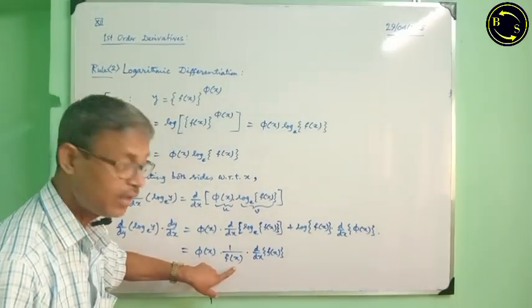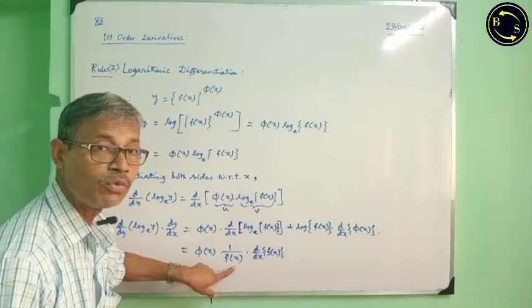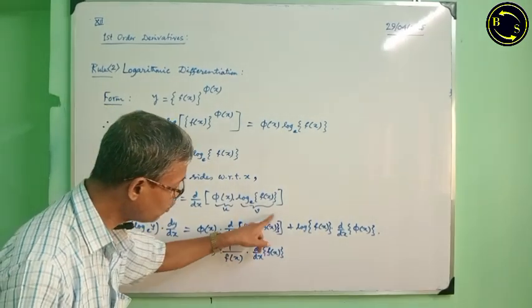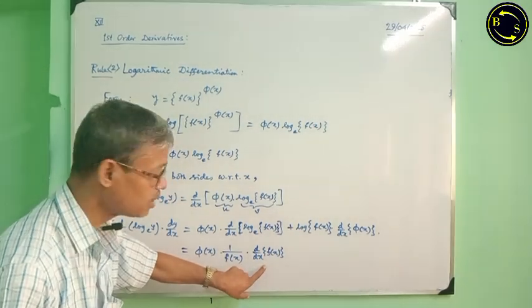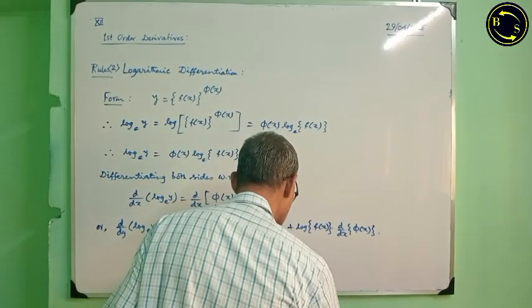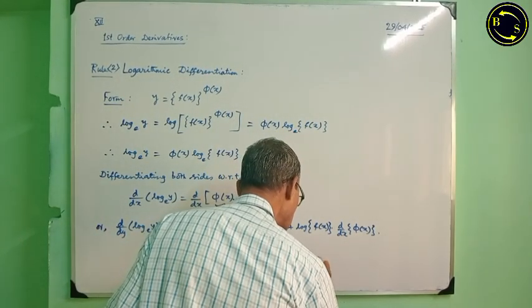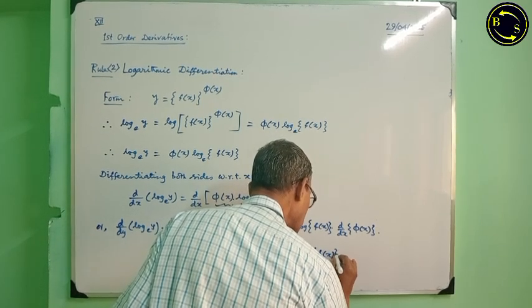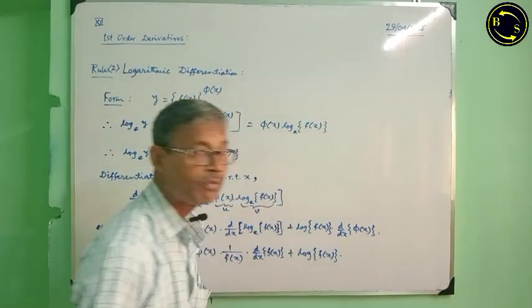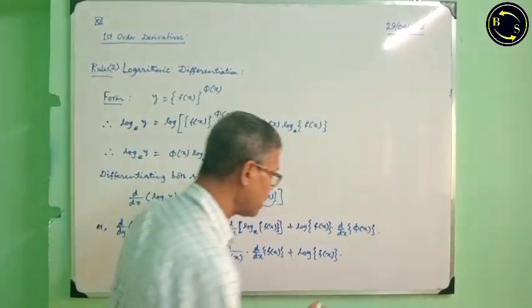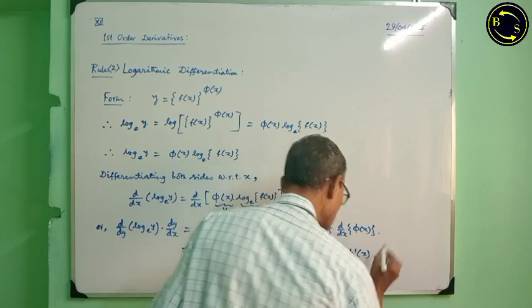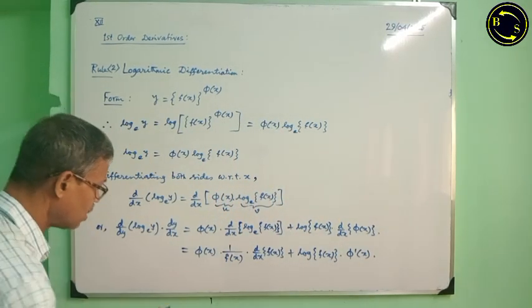Then into the derivative of u with respect to x, that means du/dx, d/dx of u means f dash x, I have written this, plus log of f x into the derivative of phi x with respect to x, that is represented by phi dash x.